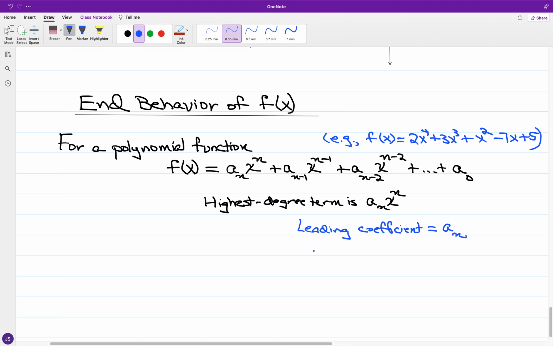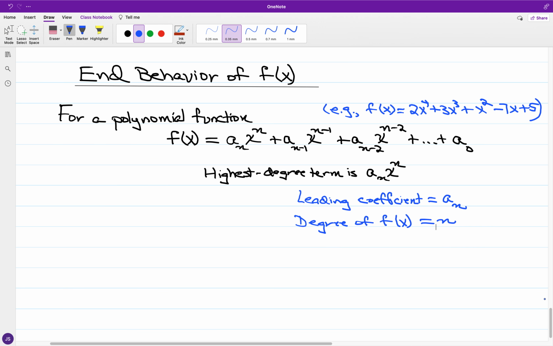And the degree of the polynomial is going to be n. Like here, for this expression, your a of n is going to be 2. And the degree of the function is the degree of the highest order term. Just like over here, n would be 4, while a of n would be 2.